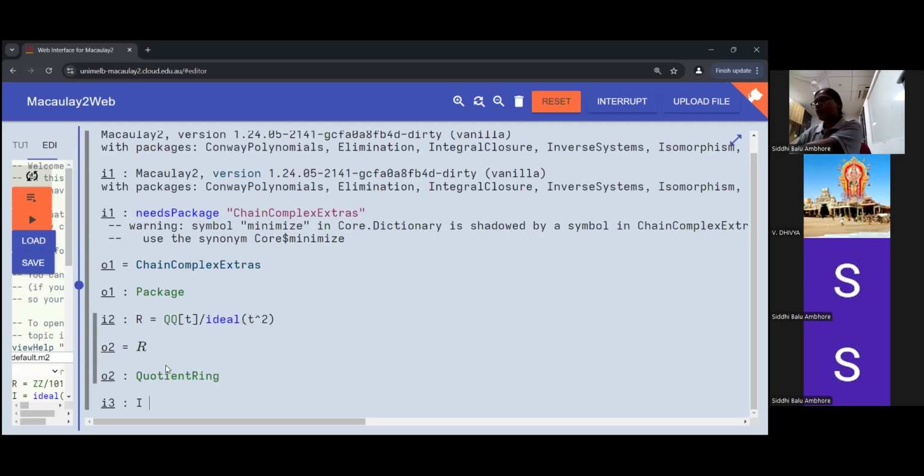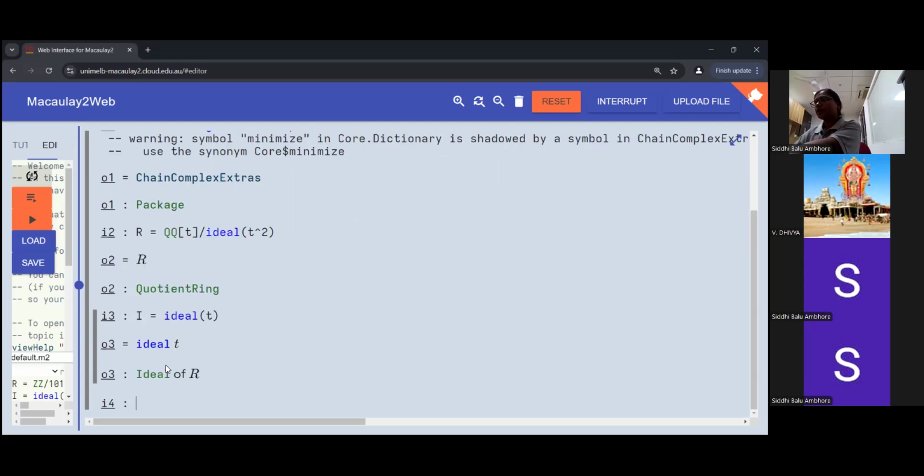Okay, and my I is just this ideal. I think I wrote X, but let it be. T is also not a problem, just a variable. Here I is the ideal (T), which was my x. Okay, and I need to find the Koszul complex.